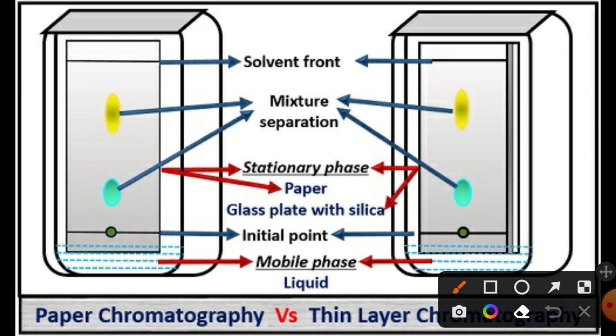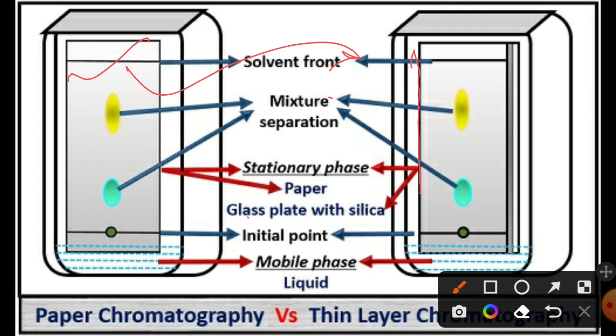The problem is that paper chromatography takes a significant amount of time for separation, and here we have to confine ourselves to chromatographic paper as the solid phase. We cannot replace chromatographic paper with anything else in paper chromatography. Thin layer chromatography solves those problems.